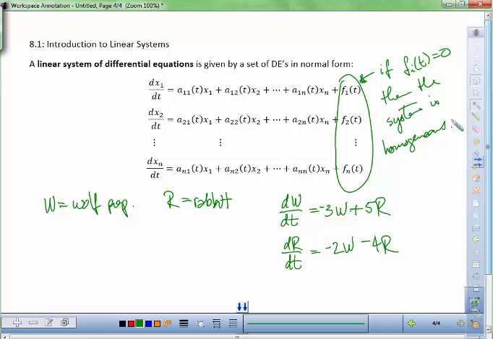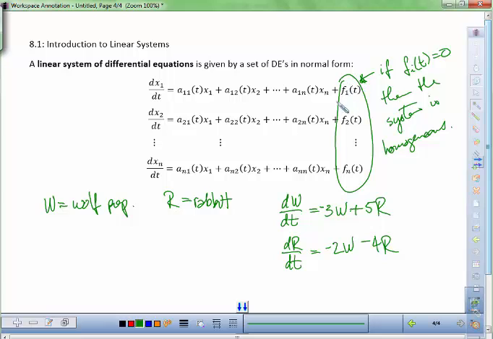Really, we can take a look at this system as if we bring everything over to the other side and set it equal to F1, F2, F3, etc. It's linear in the variables x1, x2, x3, and then you have these coefficients, which for our case are just going to be constants.